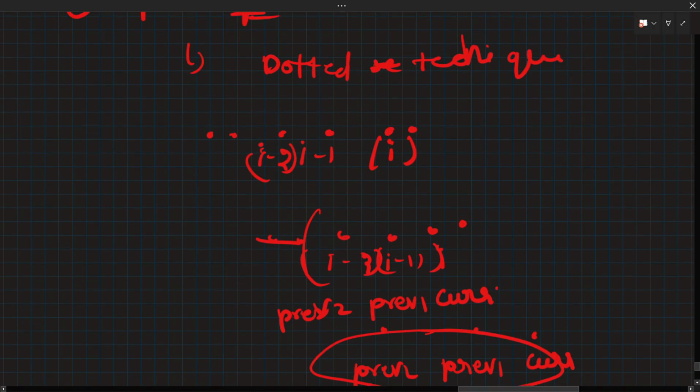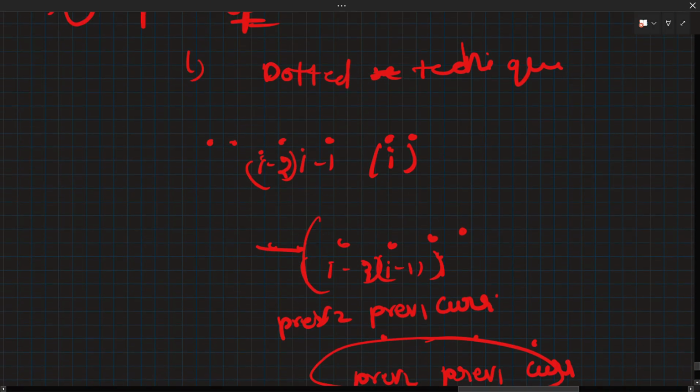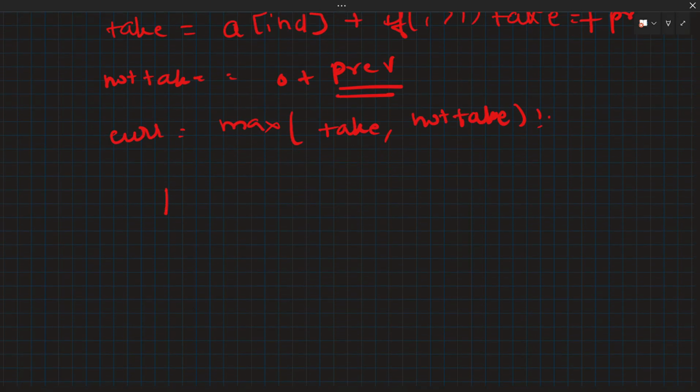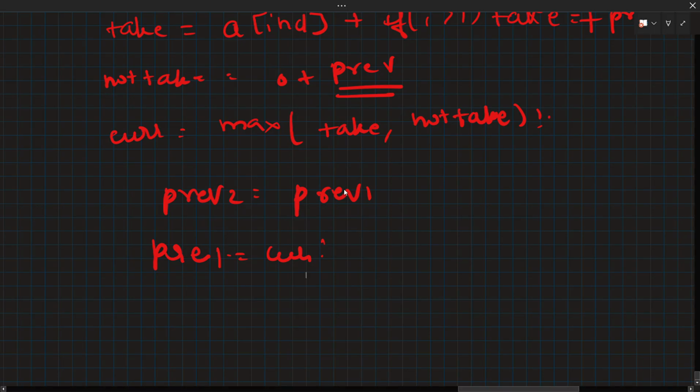As we see in the dotted technique, the current element, previous element, and previous two elements are swapping: previous becomes previous two, and current becomes previous. Sorry, my bad, this is the code.